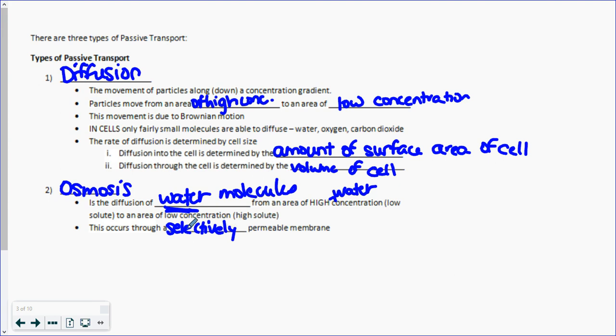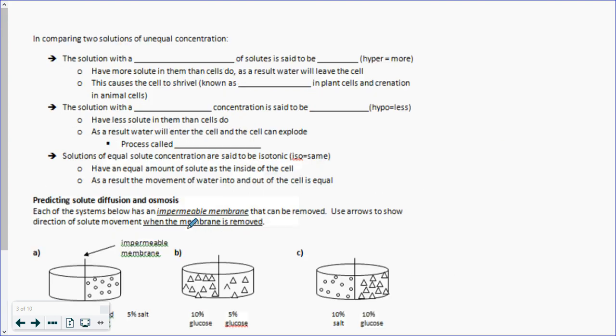So some important terms for osmosis, pretty specifically, but diffusion as well. When we're comparing two solutions of unequal concentration, the solution with a higher concentration of solutes is said to be hypertonic.